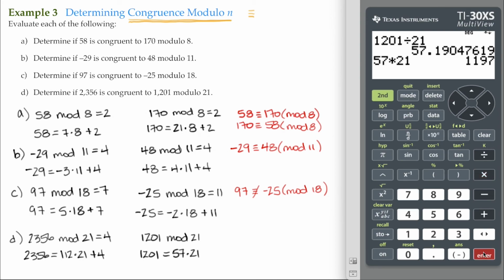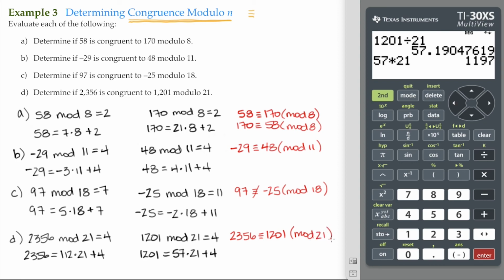That's 1,197. So we have a remainder of 4. So then we can state that 2,356 is congruent to 1,201 mod 21.